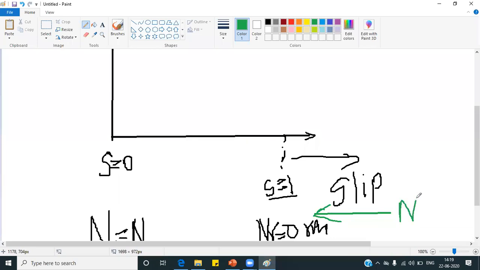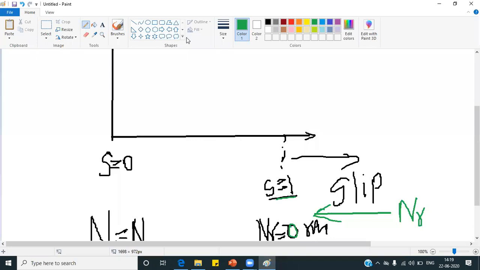This is NR. Because slip s equal to 1 means here you have 0 RPM, so the speed will be increasing in this direction. This is the one point I want to tell you.